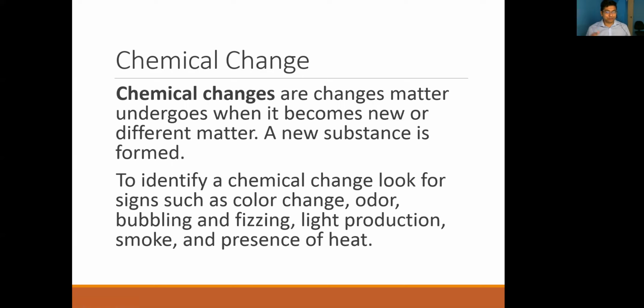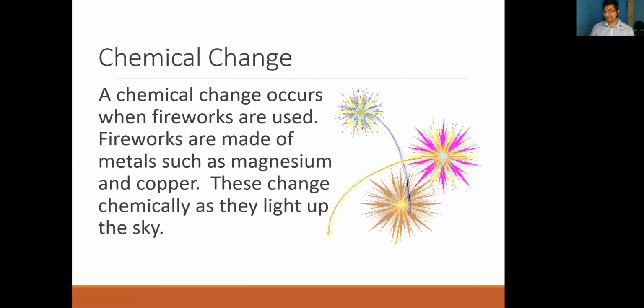We use the bicarb for making cake, right? And some acid, and that will make a different substance. So chemical change always makes a different, new substance. Make sense? So who can tell me how we can make a new substance in the world? Through chemical change. Great.